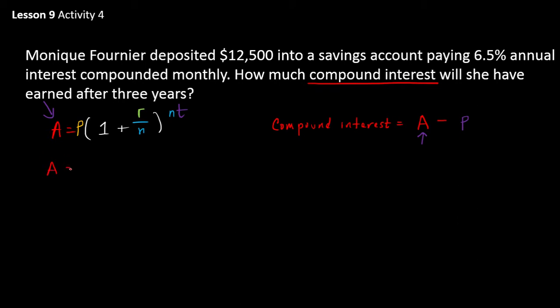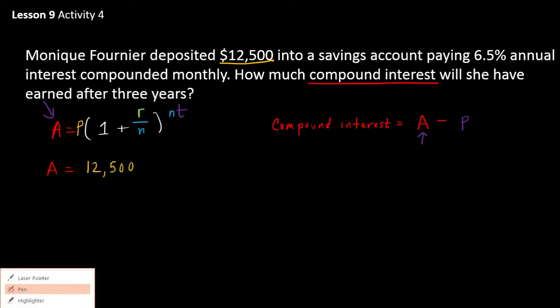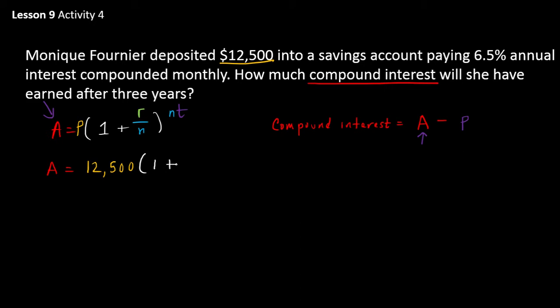So A equals P, my principal, which is $12,500, times 1 plus my rate. My rate is 6.5%. I convert it to a decimal for 0.065. I divide by n, the number of times I'm compounding yearly.